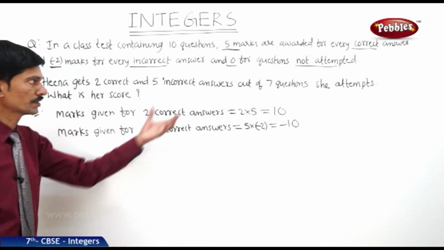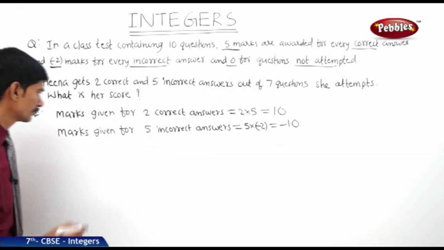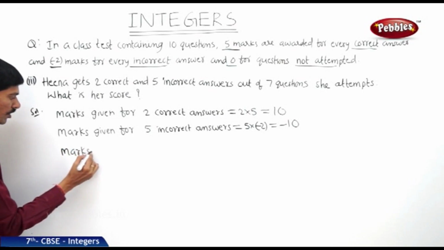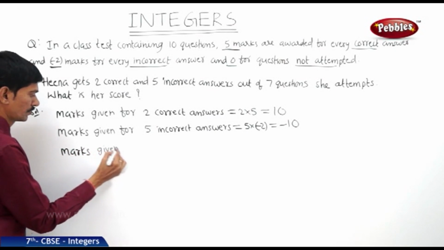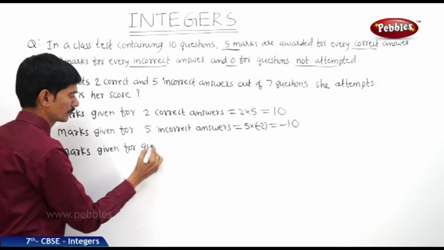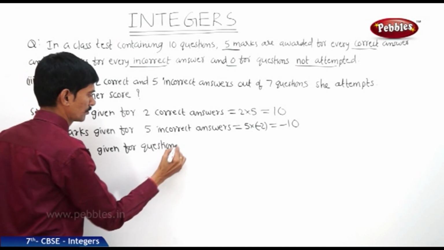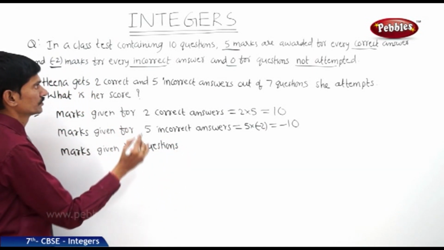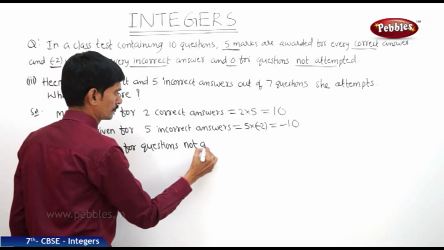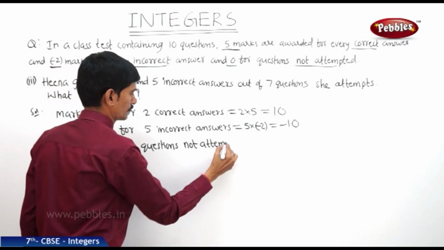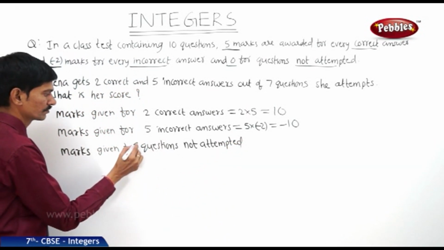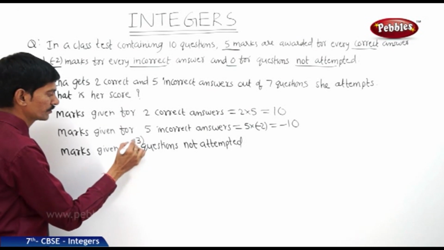And she did not attempt 3 questions. So now we will write that marks given for questions not attempted. So here there are 3 questions which are not attempted.